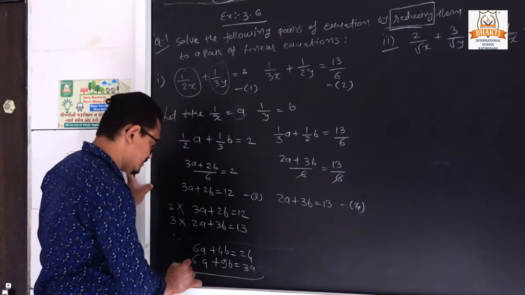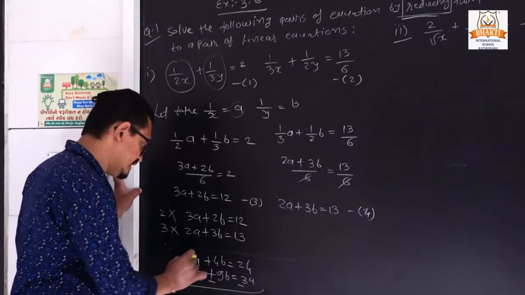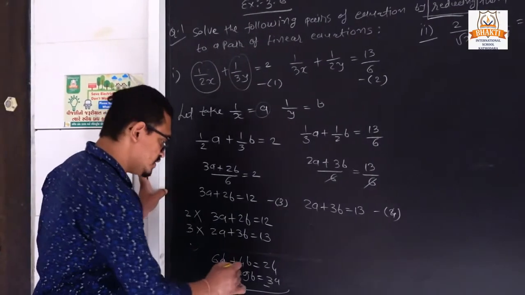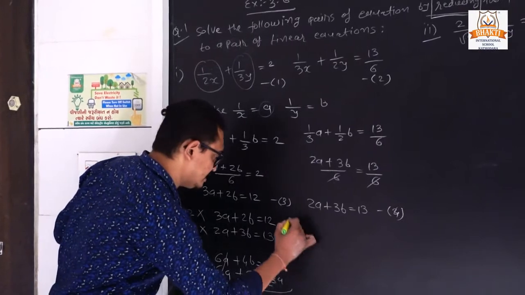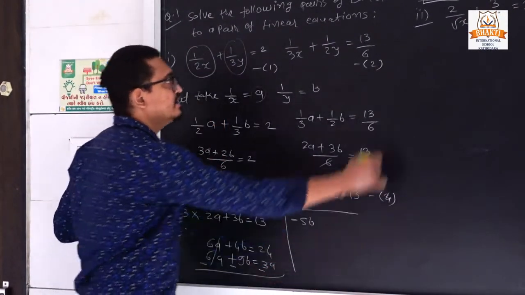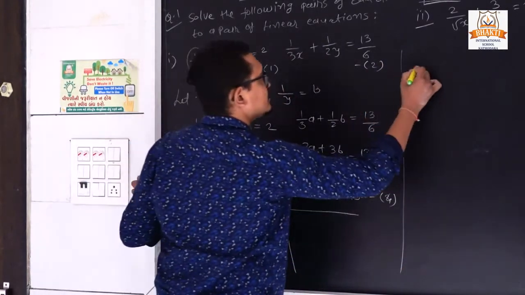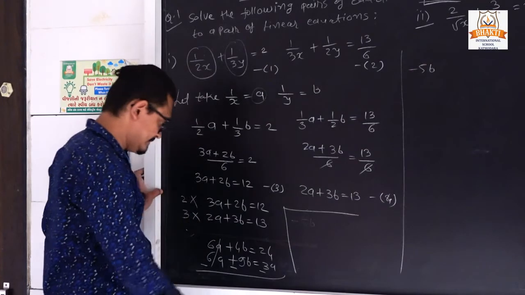Now solve this. Here I am changing the sign because we want to drop this a. So these both cancel. So 4 minus 9 is minus 5b.